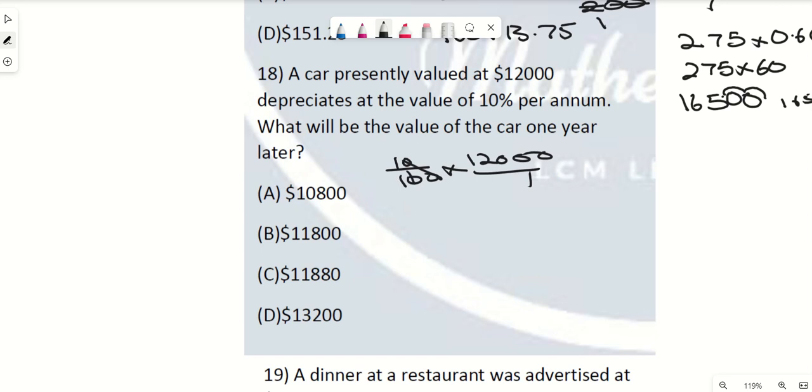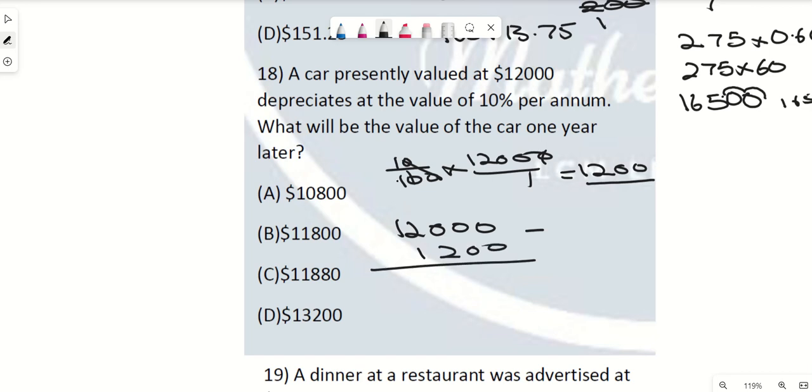Right? Cross out the 0, cross out the 0. So you know that it depreciates by 1,200. Now, they said 1 year, so it's only decreasing by 1,200. So it's 12,000 minus 1,200, which is 10,800, which is B. Right? This is also a repeated question.